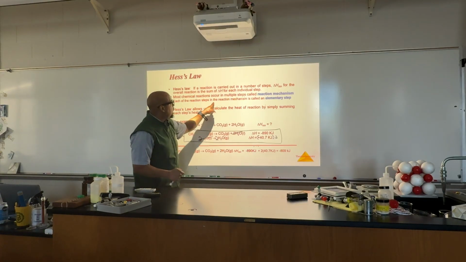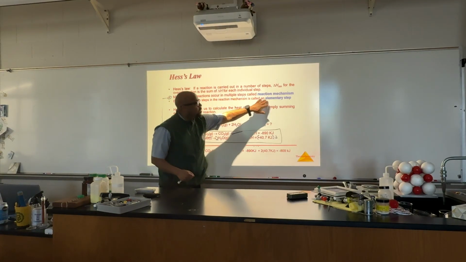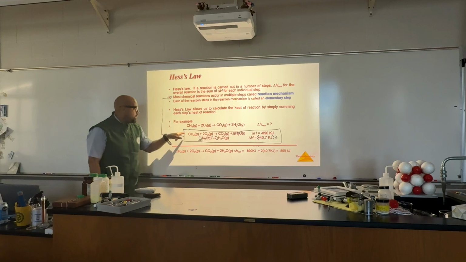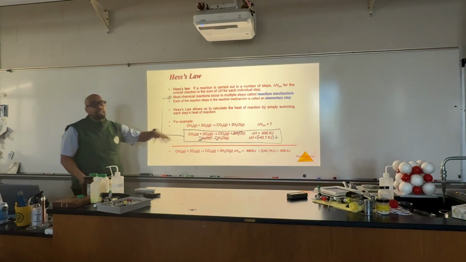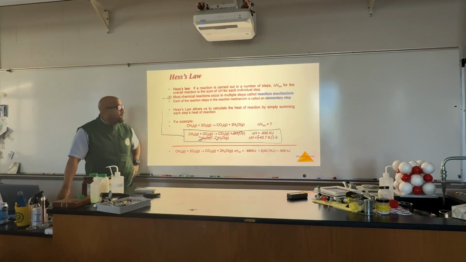Each reaction step in the reaction mechanism is called an elementary step. That means that this reaction is just called an elementary step. This reaction is called an elementary step. I can say, hey, within this reaction mechanism, I got how many elementary steps? 2. That's all we're simply saying. See the full picture, reaction mechanism, each one an elementary step.